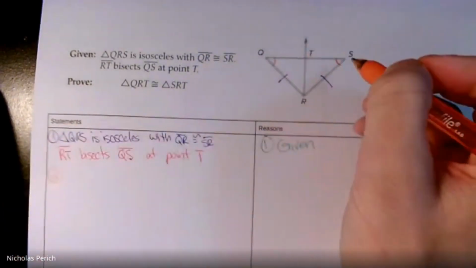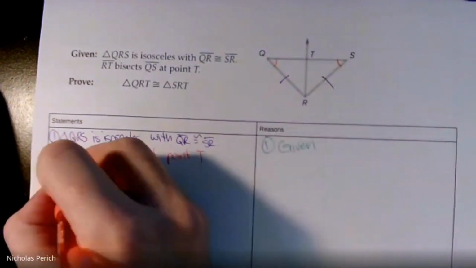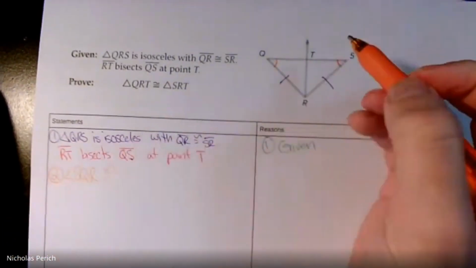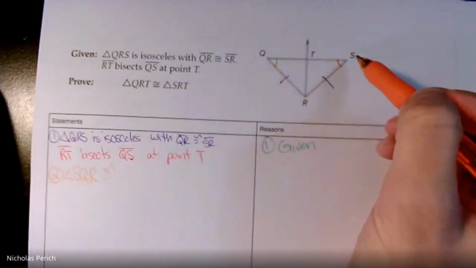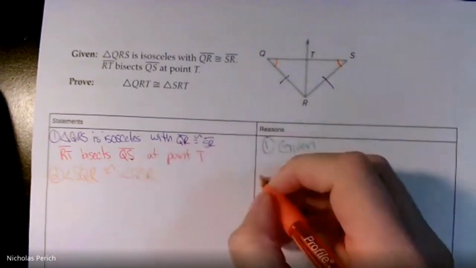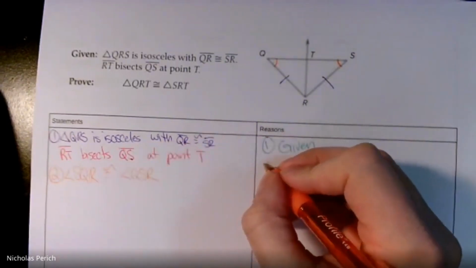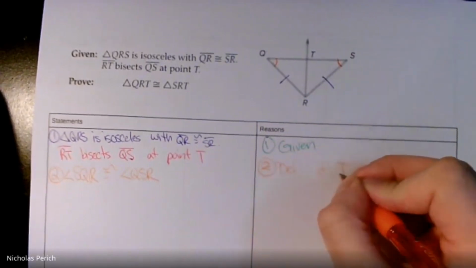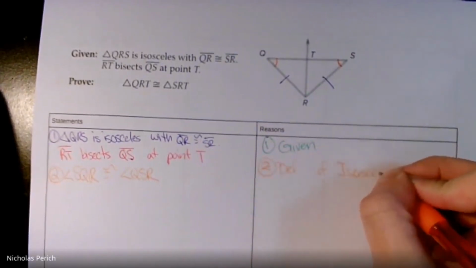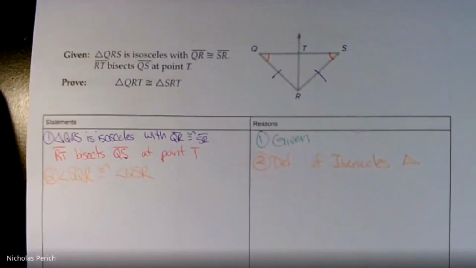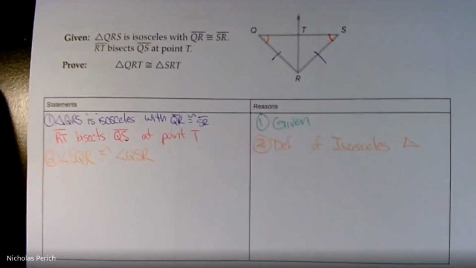So we could say angle SQR is congruent to angle QSR. And that's the definition of an isosceles triangle. Oof. I have to remember that orange doesn't show up well at all. Shame on me.